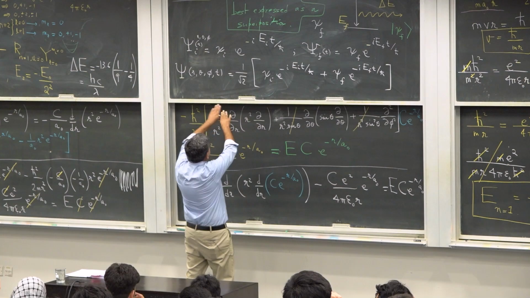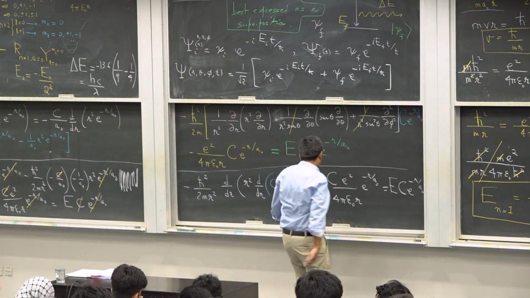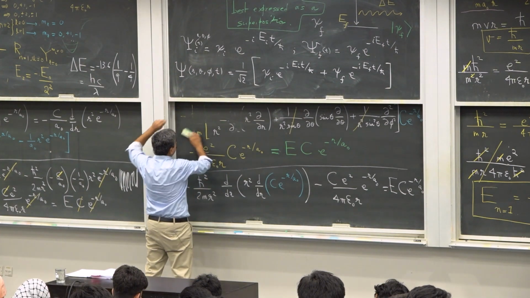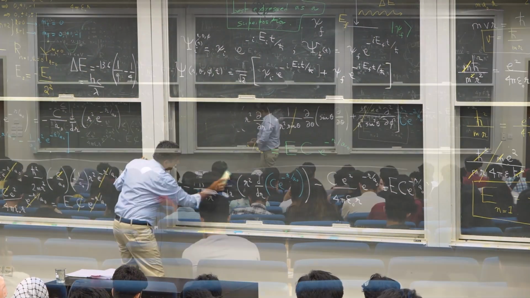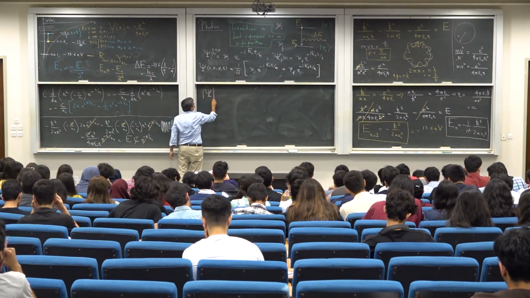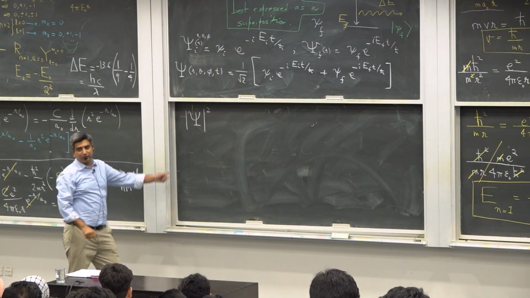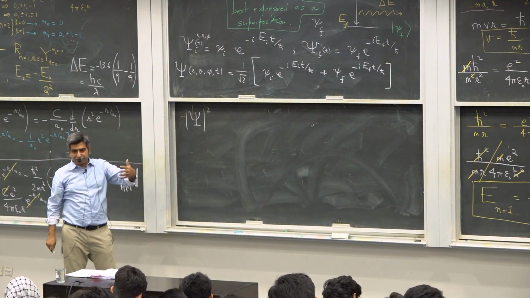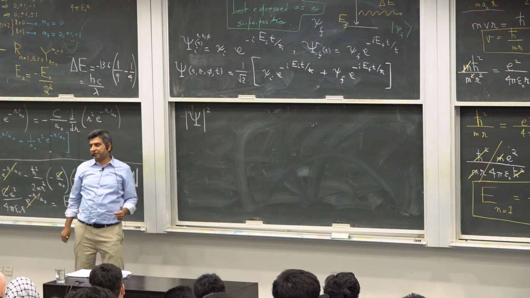So if I were to take this wave function during an optical transition, this superposition, and find the modulus square of this wave function, let's see what I get. So psi, big psi, mod square. I want to calculate the probability density of the electron when it's making a transition.